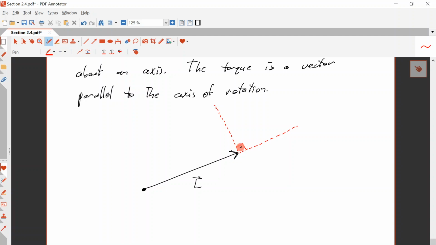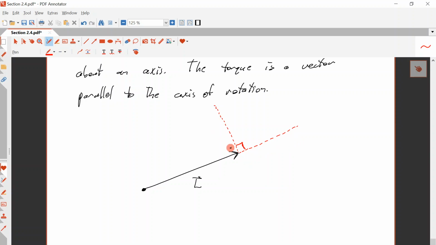Now, this is a lever vector, and then this is a force vector. If I had a force vector parallel to the lever, it's not producing any rotation, right? No rotation at all.